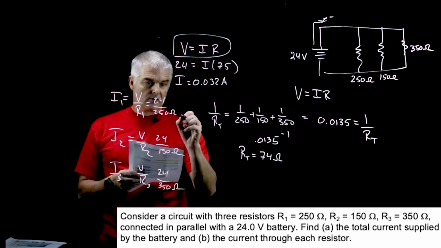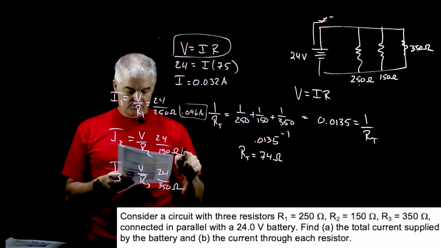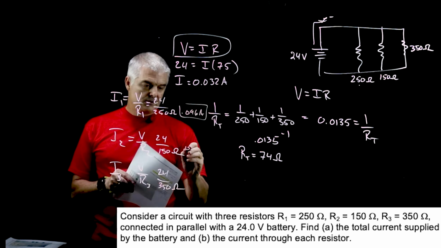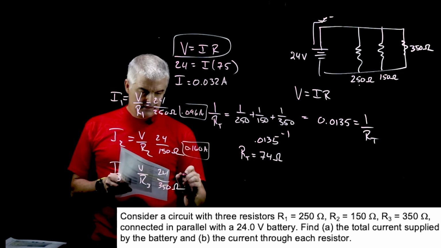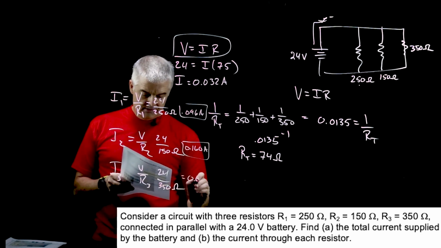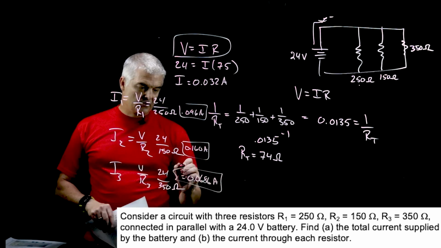Our currents are 0.096 amps for this one, 0.160 amps for this one, and 0.0686 amps for this one.